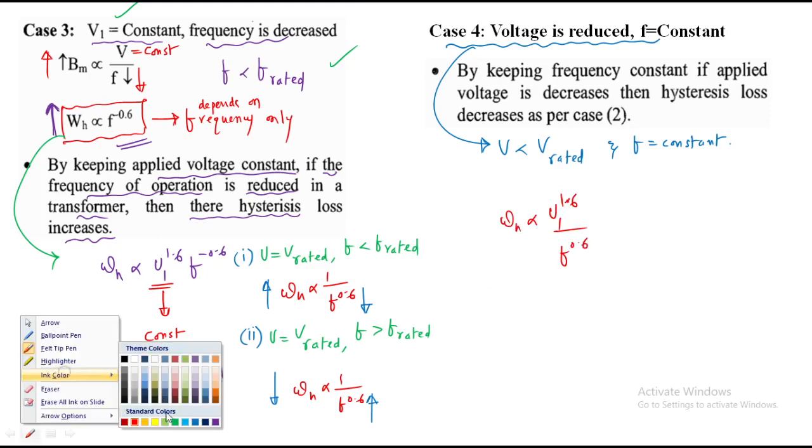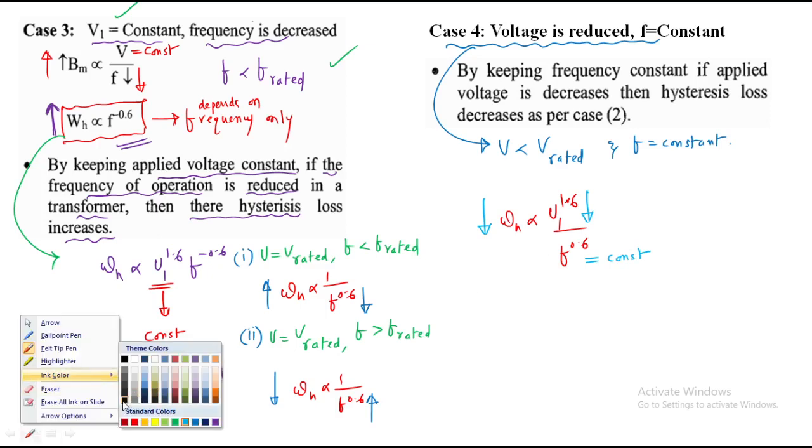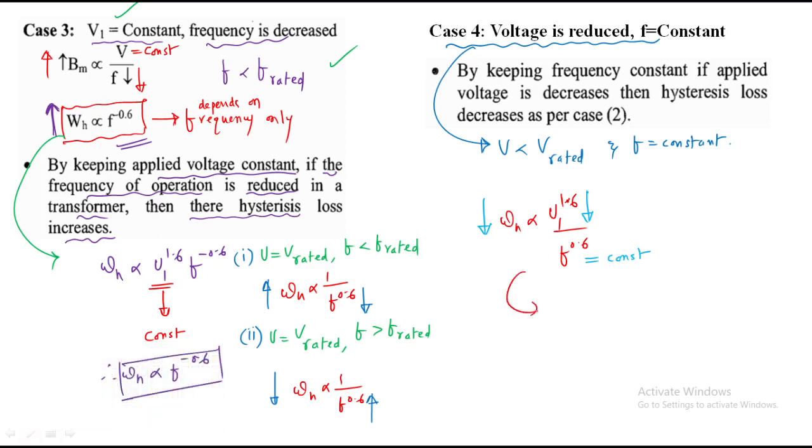Here the voltage is reduced, so obviously hysteresis loss is reduced, with frequency constant. Therefore, hysteresis loss is proportional to V1 power 1.6.